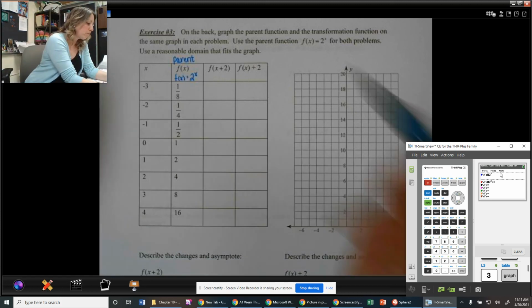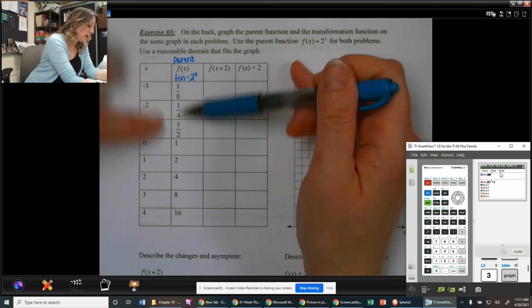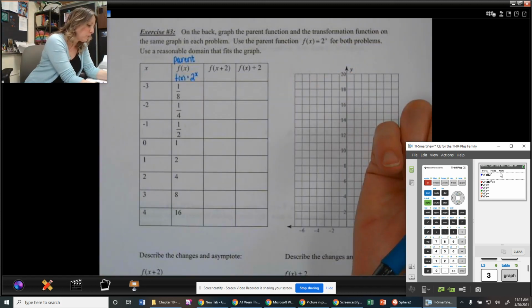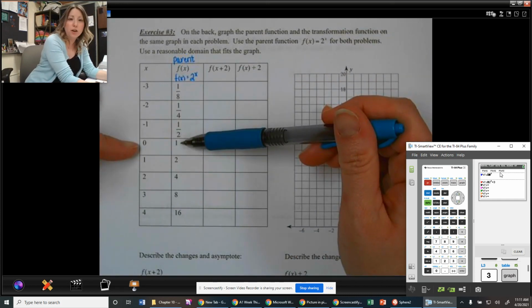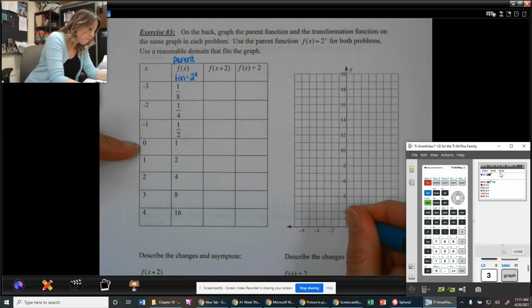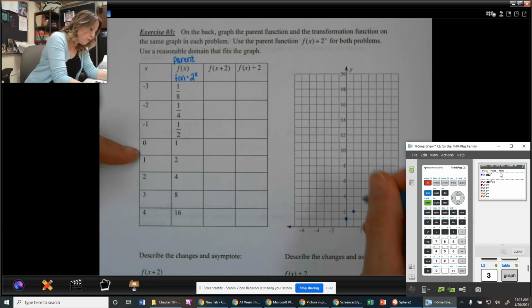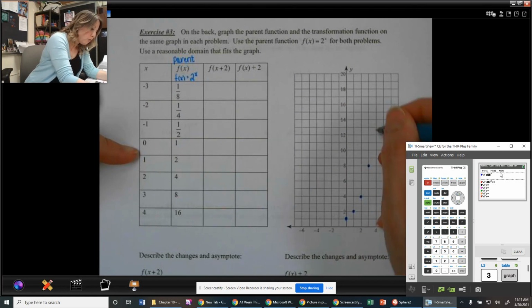So let's start with this, and I actually already have the correct values I'm supposed to fill in, so let's just go to the graph and fill those in. I'll, of course, start with my y-intercept (0, 1), then (1, 2), (2, 4), (3, 8), and (4, 16).